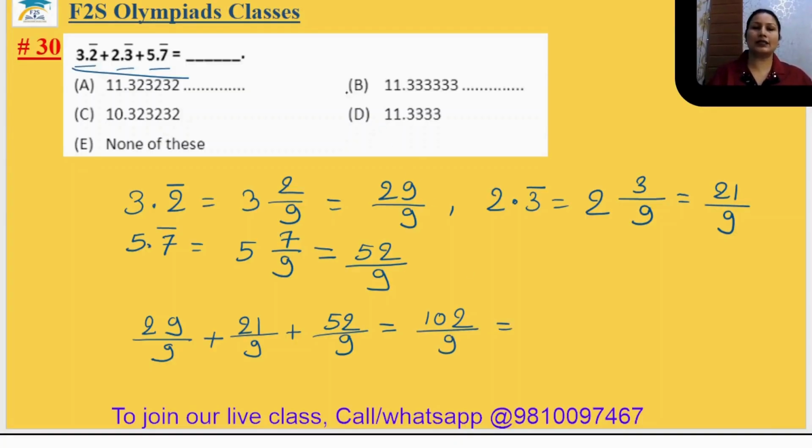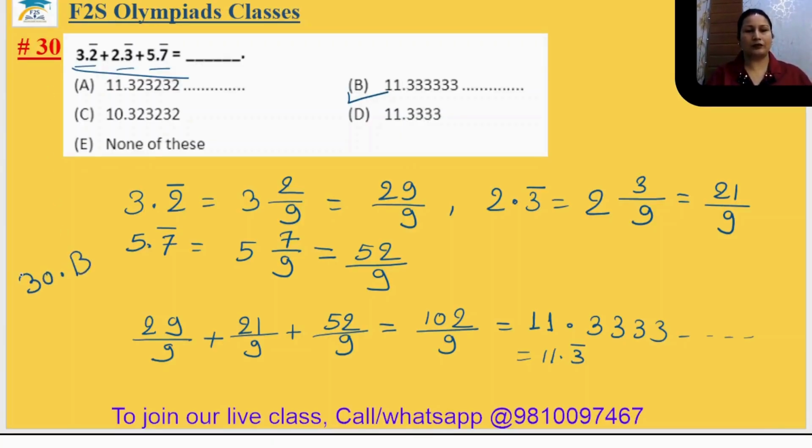Now since the answer is in decimal, convert this fraction into decimal and you will get 11.3333, which means 11 point recurring 3. That is option number B. So question 30's answer will be B.